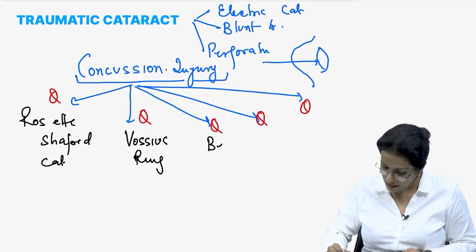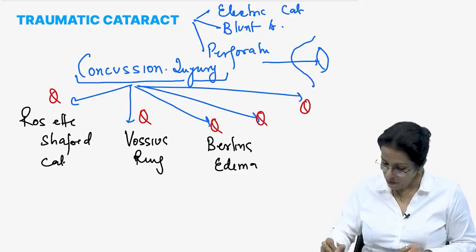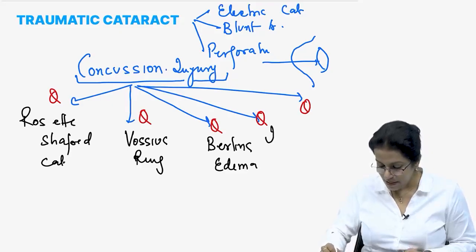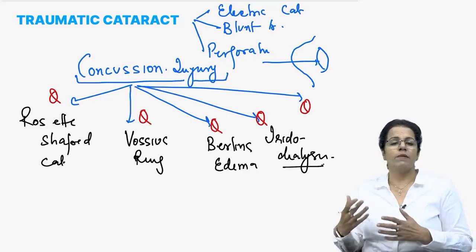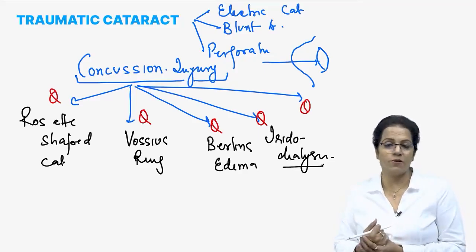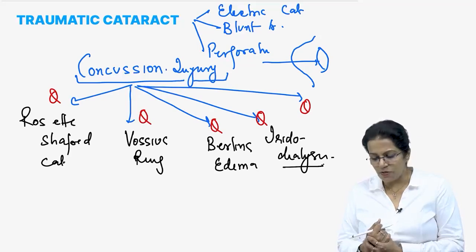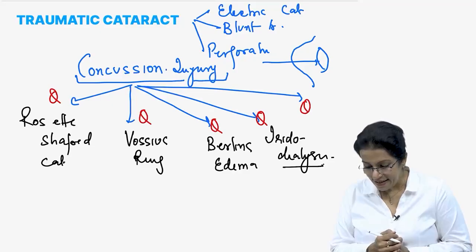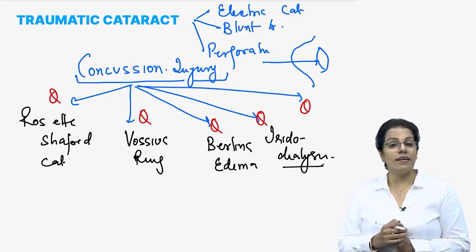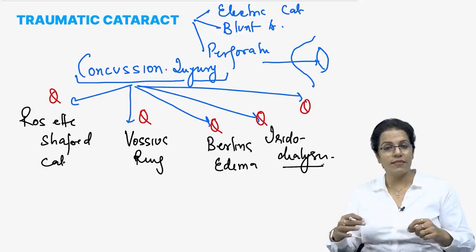Third, of course, there can be edema at the macula, which is called Berlin's edema. Fourth is disinsertion of iris, iridodialysis can happen. There can be other changes in blunt trauma like hyphema, which we'll learn again in the injuries chapter. And lastly, we will not forget angle recession glaucoma due to a tear in the ciliary body.